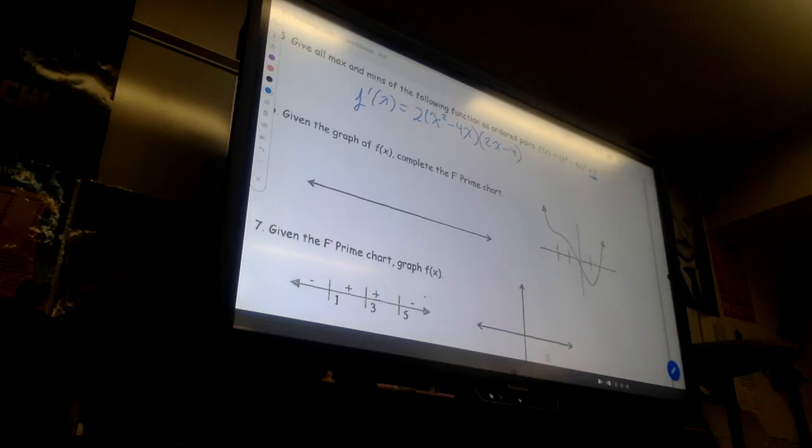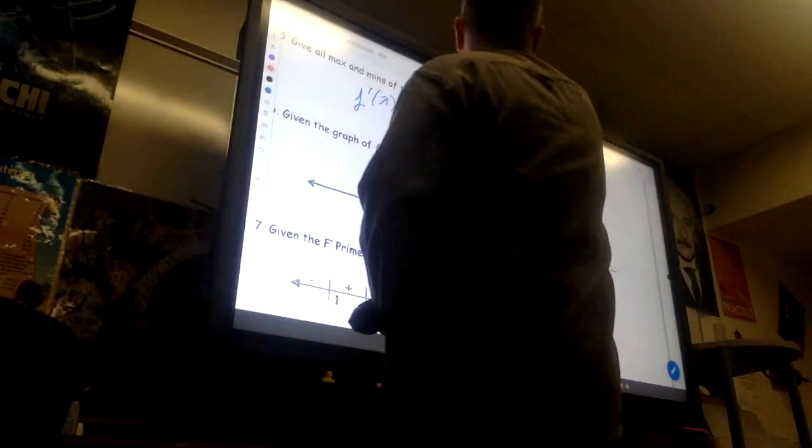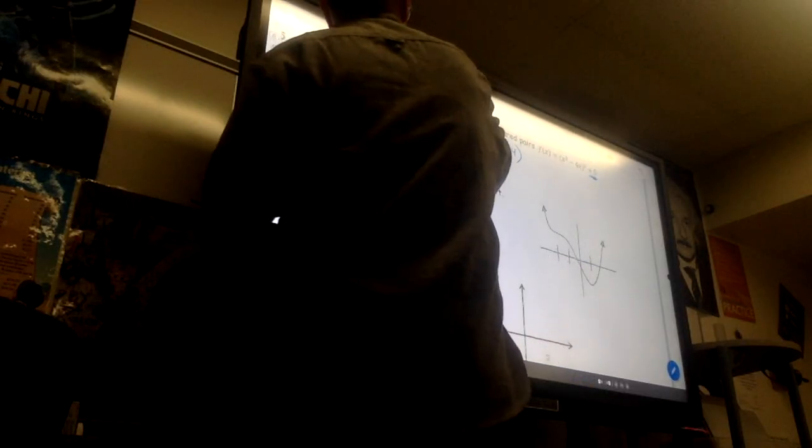All right, so then we want to give all the max and mins for the following as ordered pairs. Let's see, how would I want to do this? I'm going to take this part and this part, set them equal to 0.